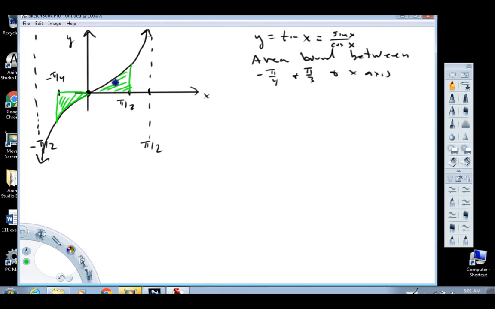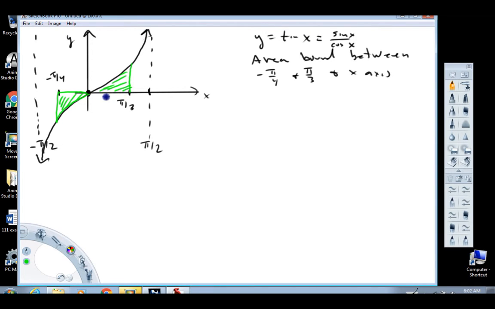Okay. Now, before we actually set up some work for this problem, there's an important thing to realize. The function values to the left of 0 are negative. So if we integrate some sort of area equation from minus pi over 4 to 0, we're going to get a negative value. Then if you integrate from 0 to pi over 3, you're going to get a positive value.